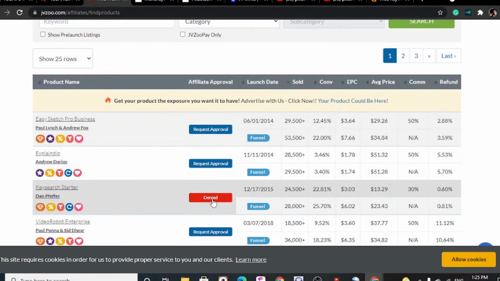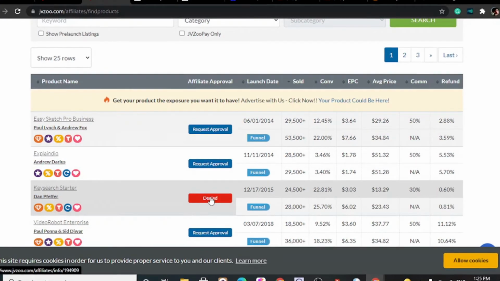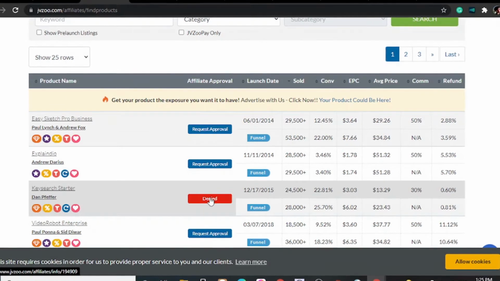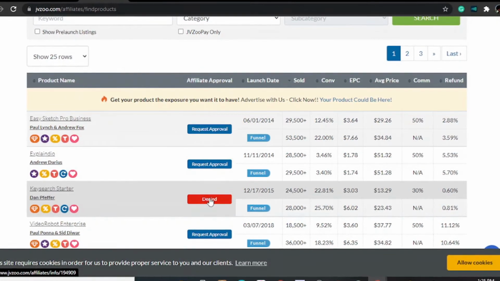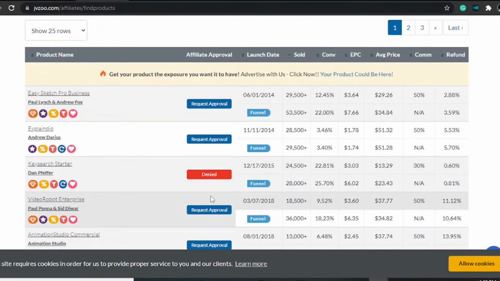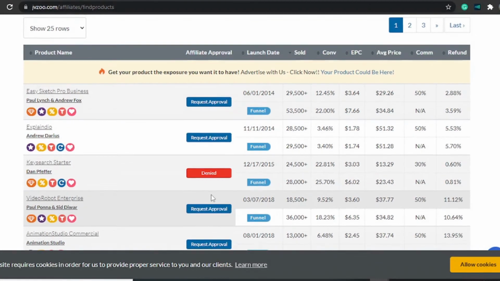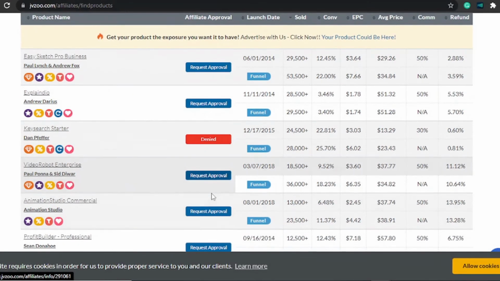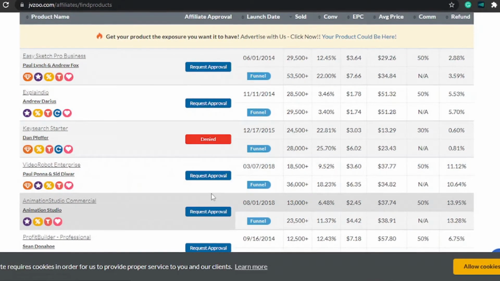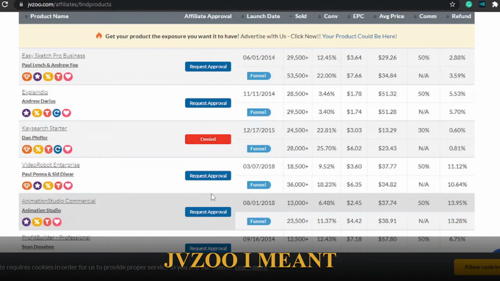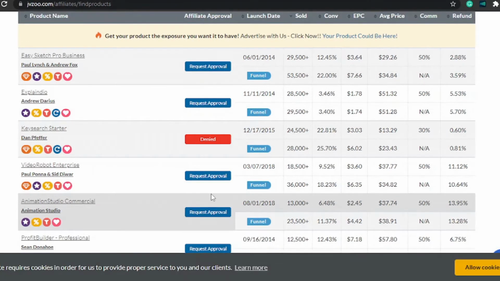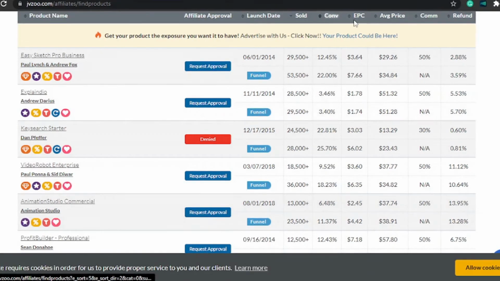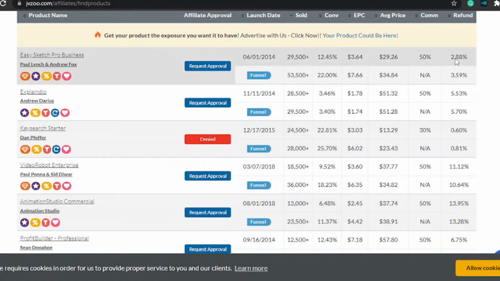You can see some of these I was denied, and they will obviously not allow all affiliates. So that's the only downside to being on Jvzoo. If you're new, just expect that it's part of the game, and you should just find other products that you can promote using this very method. So that's the first step: find a product with a high conversion rate, good EPC, and low refund rates.